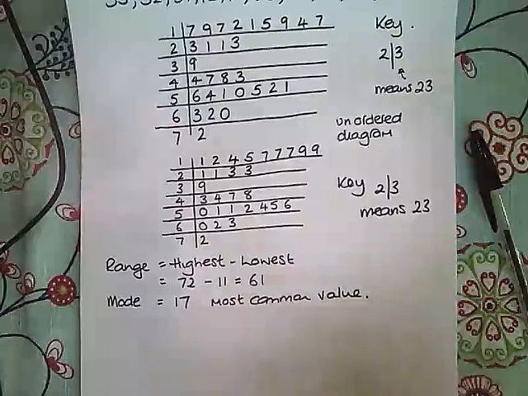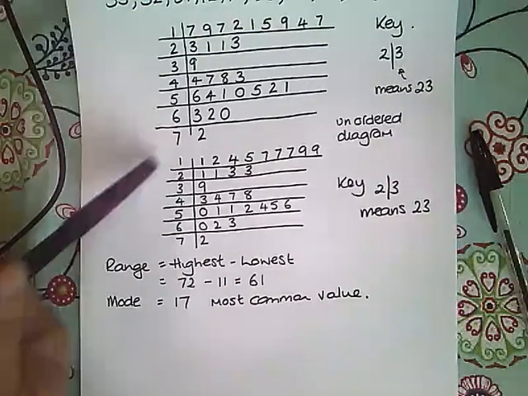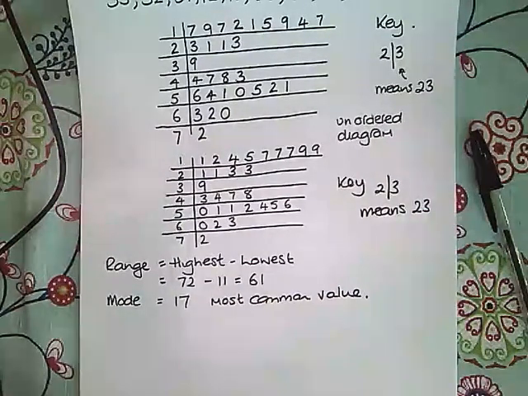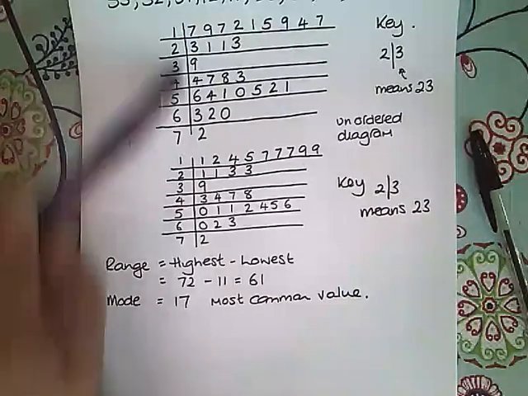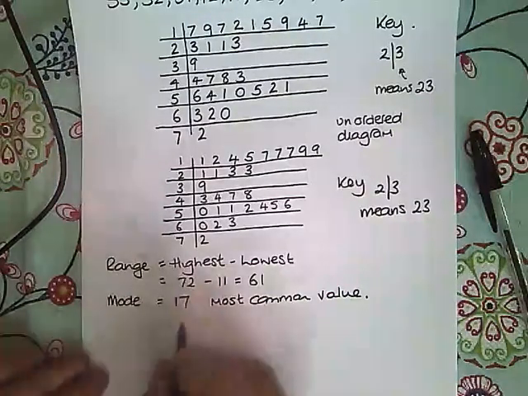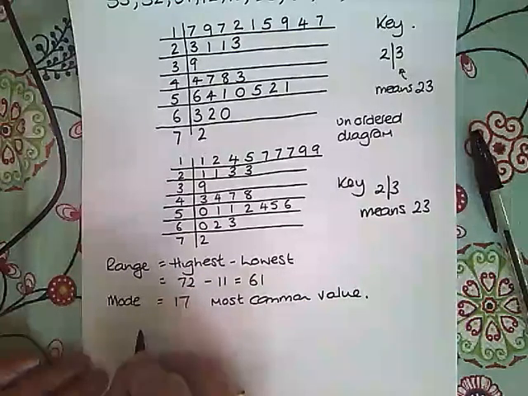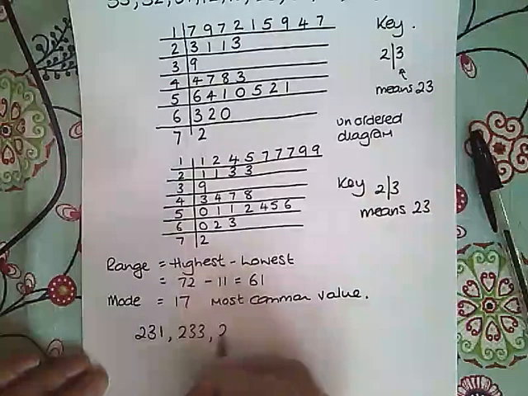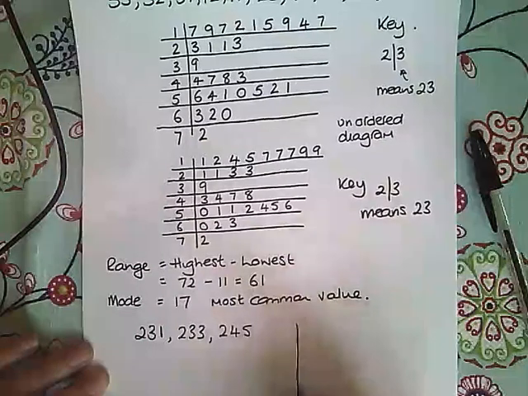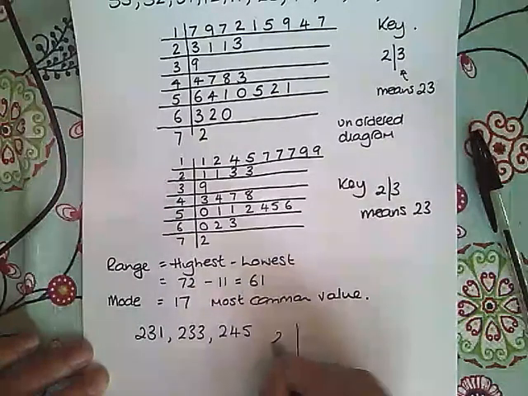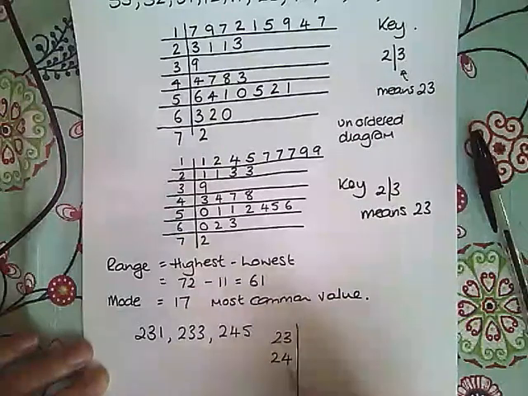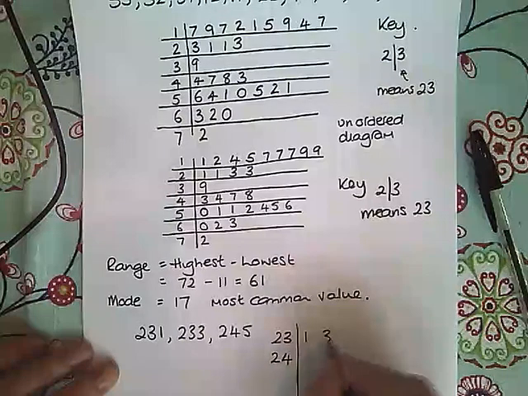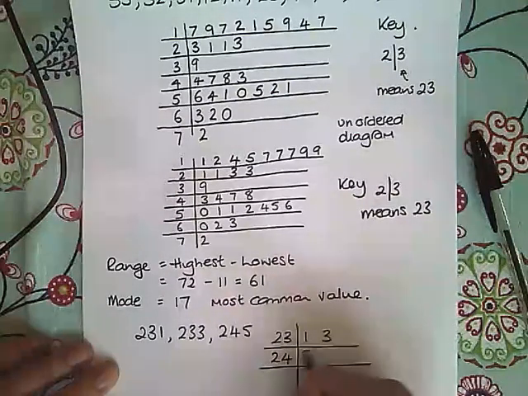So the final thing I want to say about stem and leaf diagrams is you don't always have to have just one number here. So you could have, if your numbers were in the hundreds or 200s or 300s, your stem could be 2 digits or 3 digits. So for example, if I had to put 231, 233, 245 into a stem and leaf diagram, I could have 230, 240 as my stems, and then the 1 and the 3 here, and the 5 here.